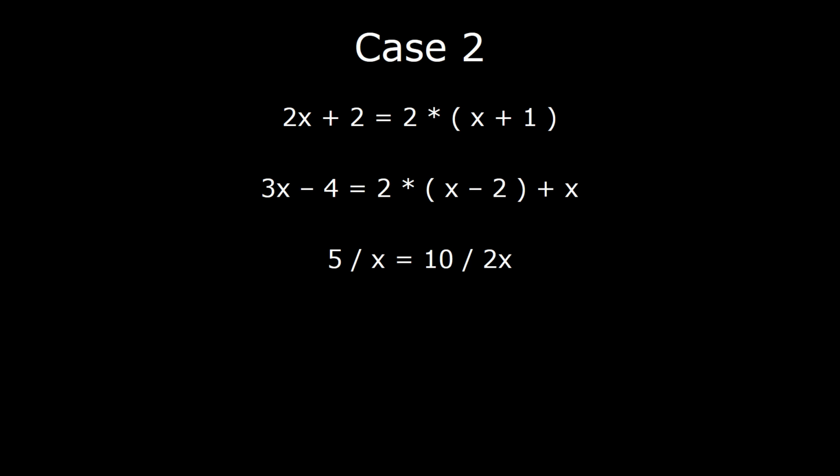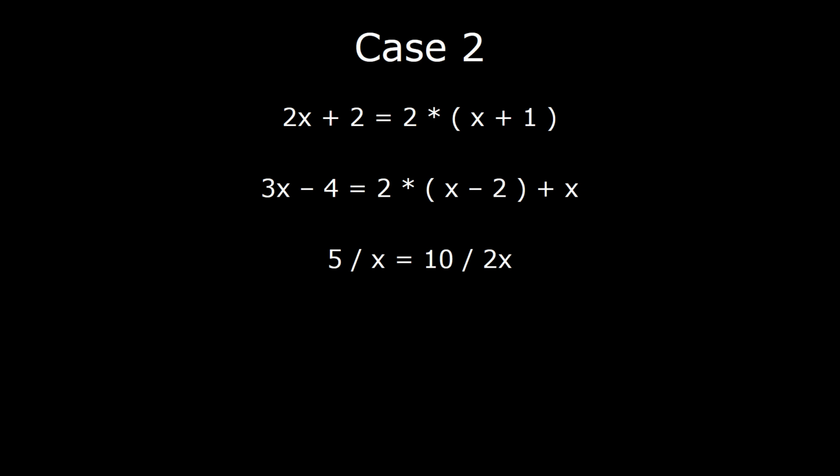But let's move on to a slightly more intriguing example. 5 upon x equals 10 upon 2x. So we've got 10 upon 2x on the RHS, but that's a fraction that we can reduce or simplify a little bit because the numerator is 10, which can be thought of as 5 into 2, and the denominator is 2x, which can be thought of as 2 into x.